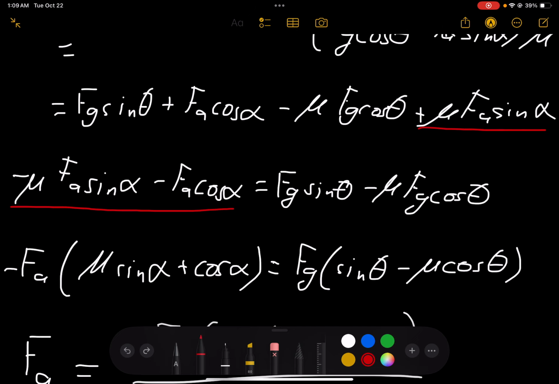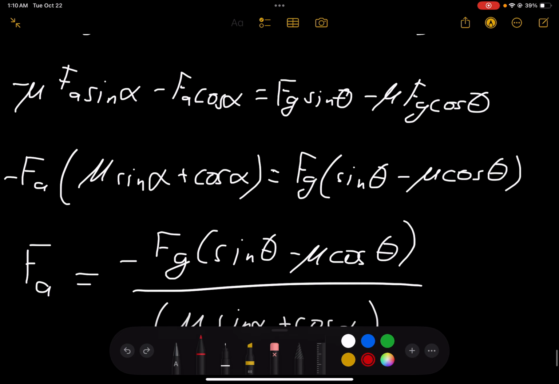That's why here we have minus mu Fa sine alpha minus Fa cos alpha equals whatever this is, which is the remainder. So I take out the Fa, I make them alone because that's what we're looking for, and I also take out the negative to make it easier. So here, mu sine alpha plus cos alpha, they both become positive because I took out the negative as well, you see.